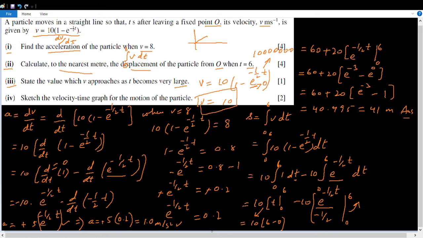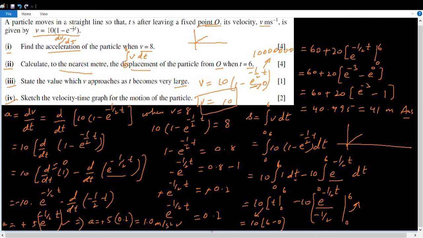Now the last part is to sketch the velocity time graph for the motion of the particle. So velocity time graph, it will pass through the origin, because it is starting from the fixed point O, so it will be moving like this.